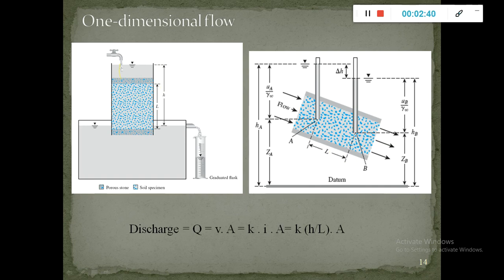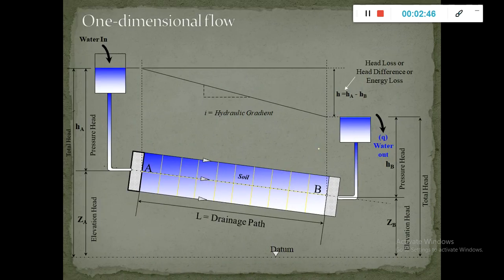So here we can see the figures of the terms, right? Suppose there is an elevation difference, and suppose this particular value is ZA, that is the elevation head, and after that this is the pressure head.